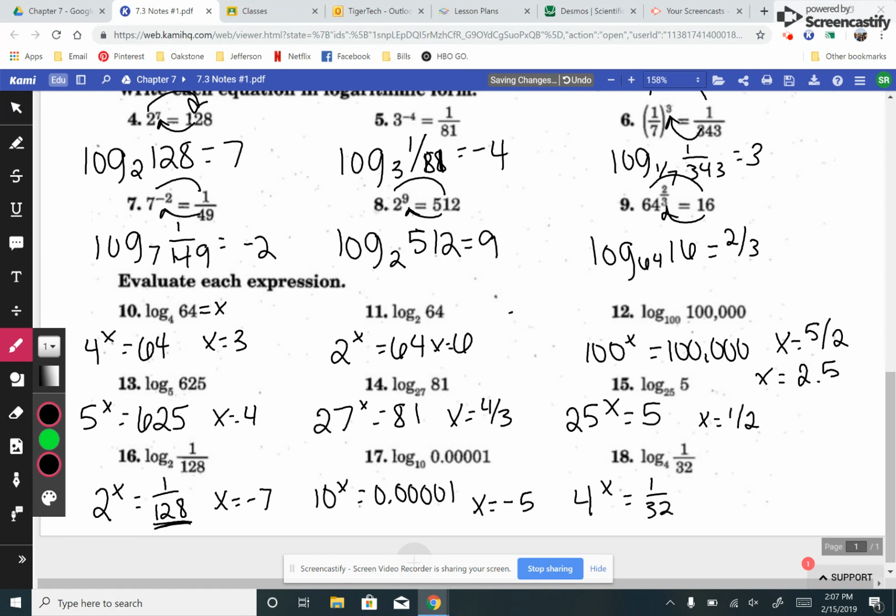Well, we can start with just 4 to what power equals 32. 4 squared is 16. 4 cubed is 64. It has to be halfway between that, so it'd be 5 halves, or 2.5. We also know it has to be negative because this 32 needs to get to the bottom. So that tells us that x would be -5/2, or -2.5.